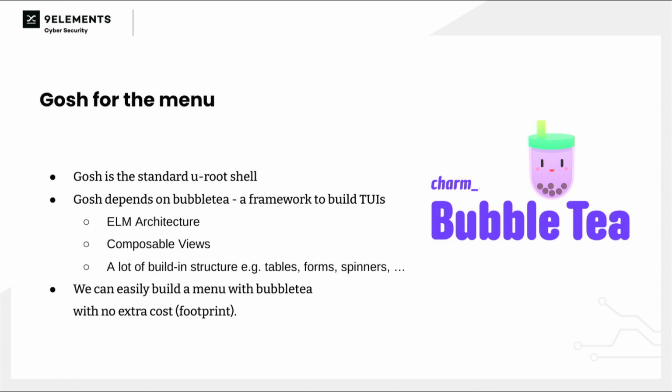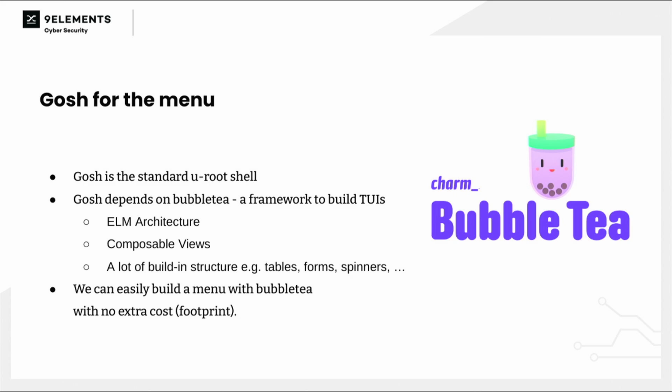While I was thinking about how I should build my boot menu, I saw that we have the standard U-root shell, the POSIX style shell that we're using in U-root. The one that you're dropped into when you're booting up the system is Gosh. And Gosh actually heavily relies on a library or framework called Bubble Tea. Bubble Tea is a library that allows you to build terminal user interfaces. It has an Elm architecture, which I will go into again.